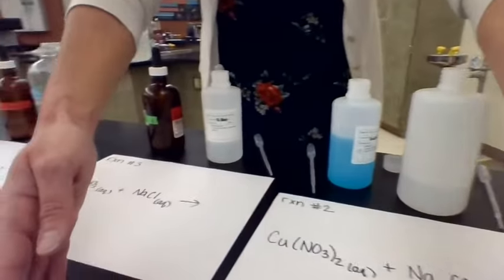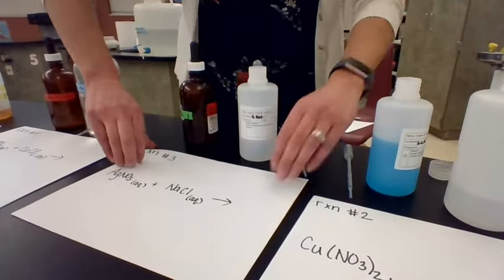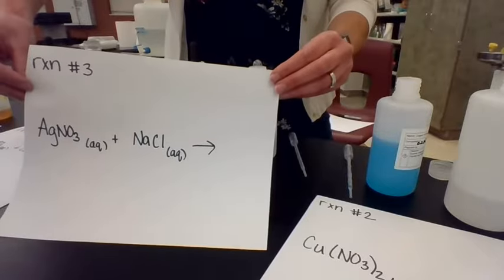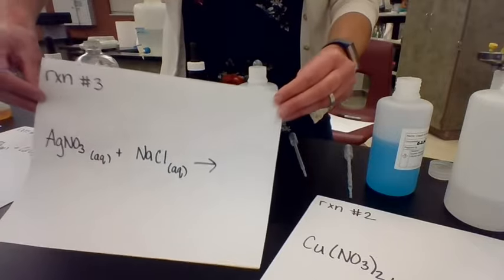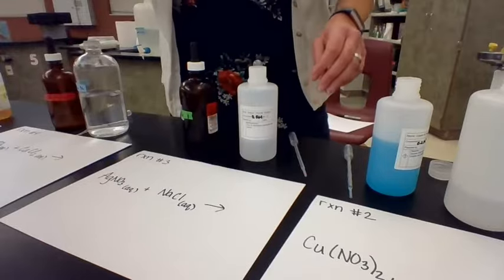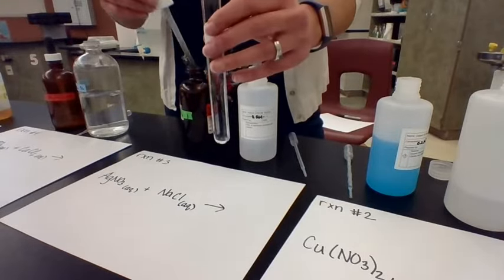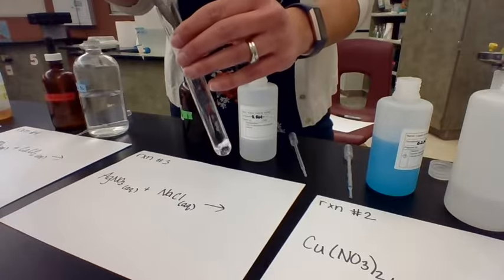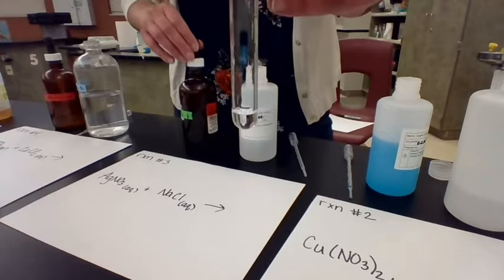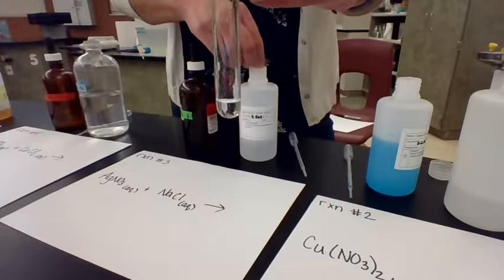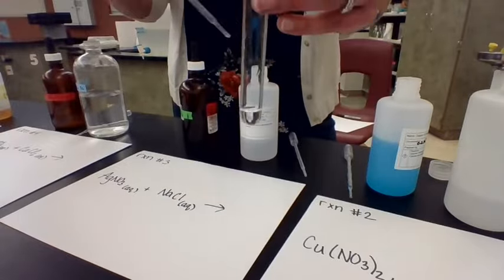This one I might have to do at a bit of an angle here. This next one is between aqueous silver nitrate and aqueous sodium chloride. So good old table salt is one of our reactants in this case. Okay, so here is our silver nitrate. And you can see it's a transparent, colorless solution here.